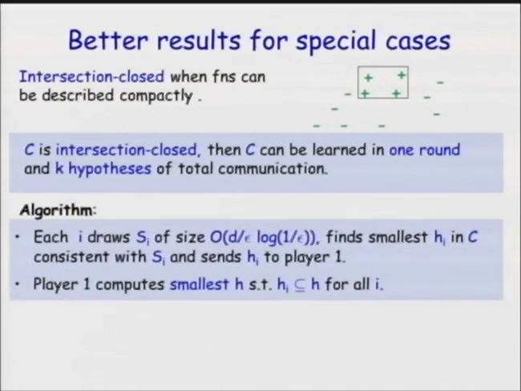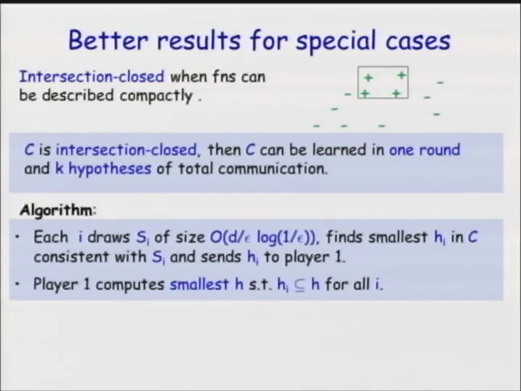In particular, the result we show is that if the concept class C is an intersection closed concept class, then the class C can be learned with only one round of communication and k hypotheses of total communication. Okay, and the algorithm is actually not very complicated in this case. Very quickly, each entity i draws a sample Si of size d over epsilon log 1 over epsilon. Then it finds the smallest hypothesis Hi that is consistent with its own sample, and sends that to player 1.